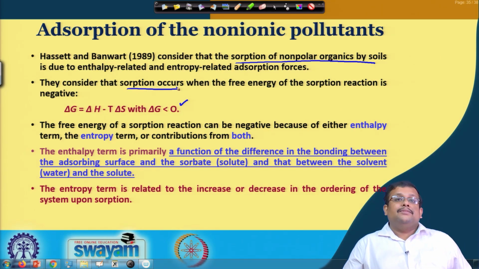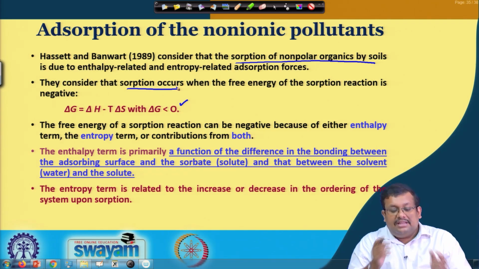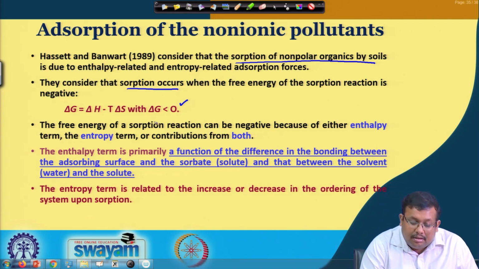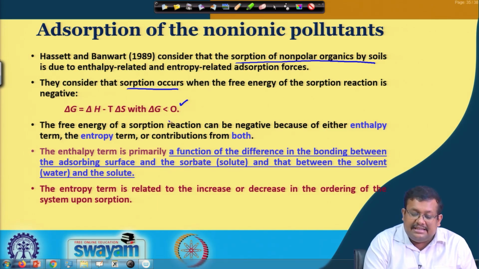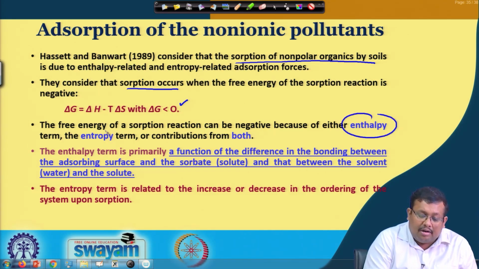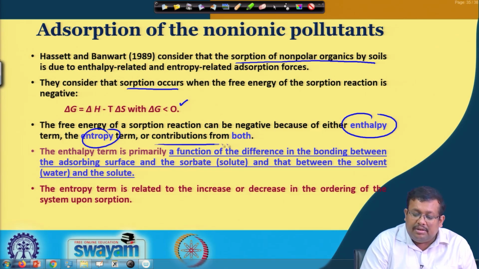The free energy of the sorption reaction can be negative because of either the enthalpy term or the entropy term, or the contribution from both. So, the negative sign of this free energy can stem from either the enthalpy term or the entropy term or a combination of both.